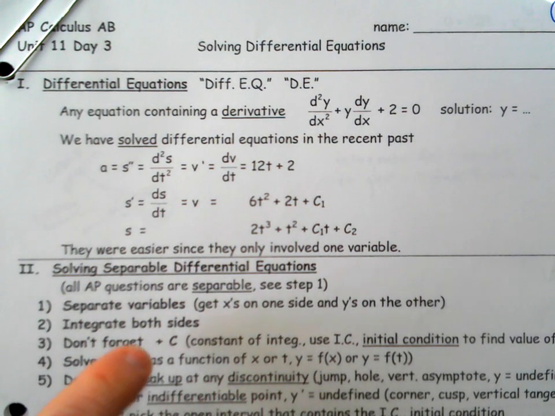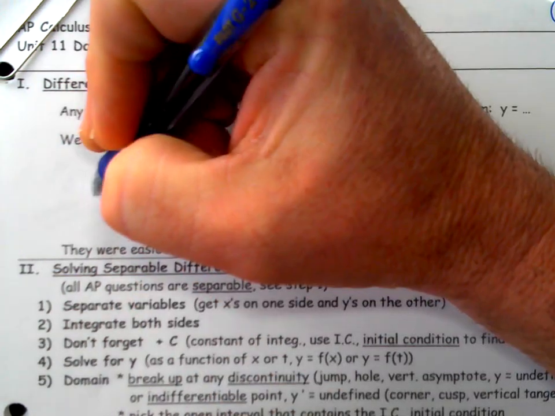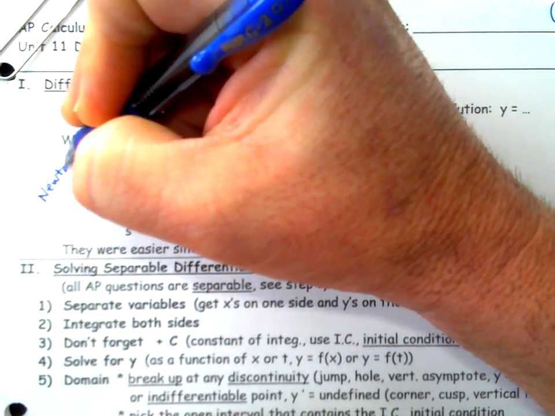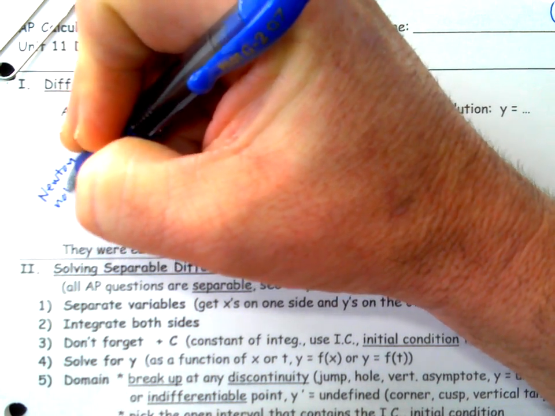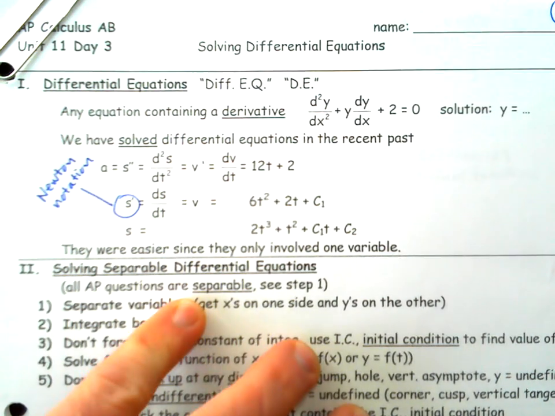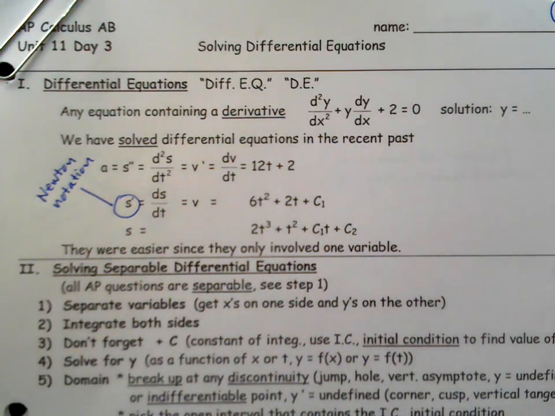Now there are two different notations that we often use with derivatives, and this one is probably our favorite a lot of times because it's easy and quick. This was Newton's notation, and it's convenient, quick, and doesn't take a ton of work.